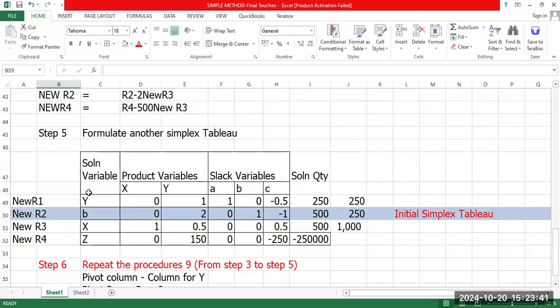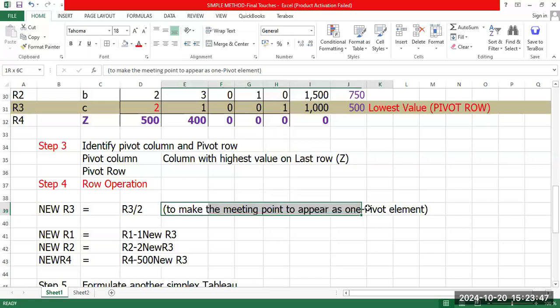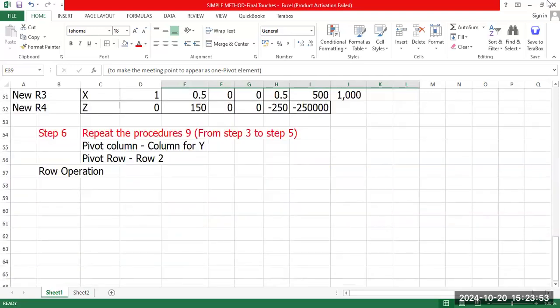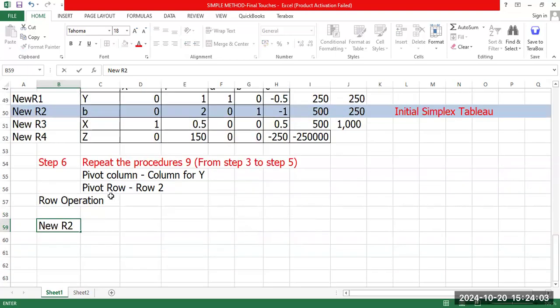Row operation now. Remember, row operation will start with what? Our focus is on the meeting point, to make sure that that value appears as 1. Sorry, our meeting point is in which row?